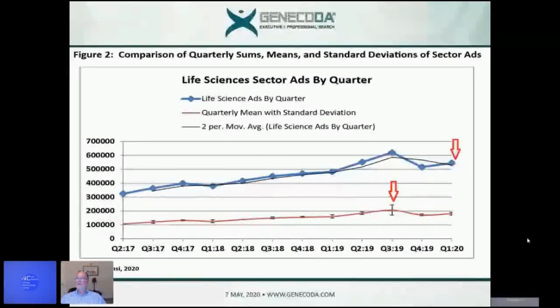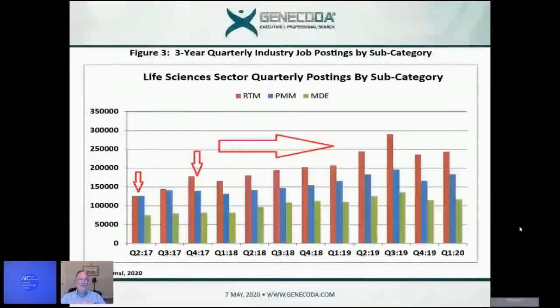Then what we'll do is review some of the subsector components that make up the life sciences sector in the report. Figure 3 is the 3-year quarterly industry posts by subcategory. We'll go into a little more detail with each of these, but the RTM, Research Testing Medical Laboratories, is denoted by the red bar graph.